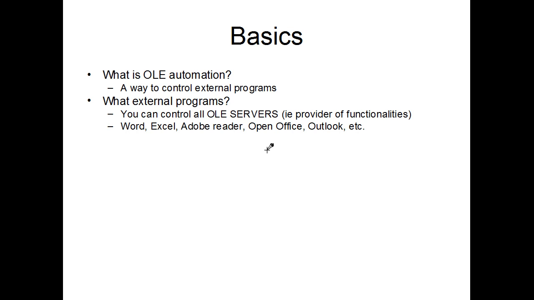So, how are you going to control those programs? Well, there are two different ways. The first is to embed the external application inside your own windows using an ActiveX control. WinDev comes with an ActiveX control in which basically you can drop an external application if that application is made for that.